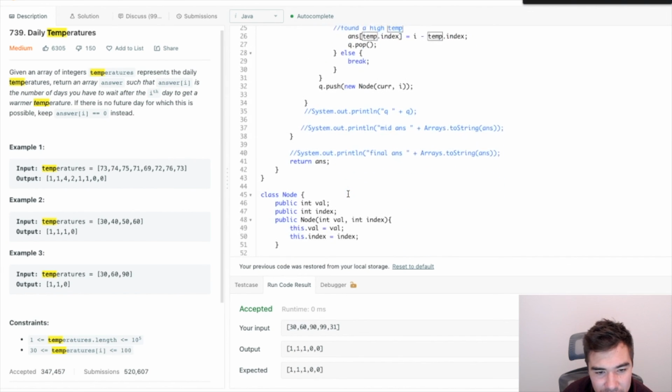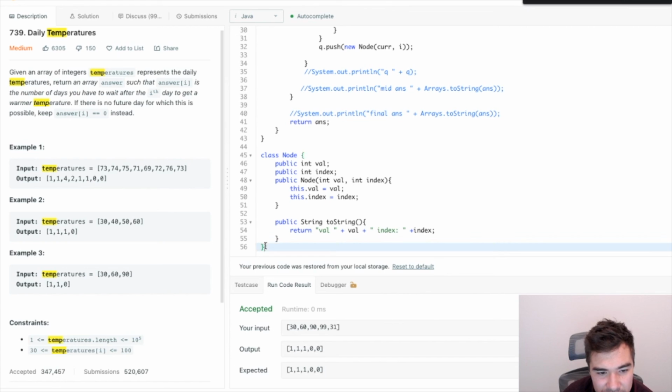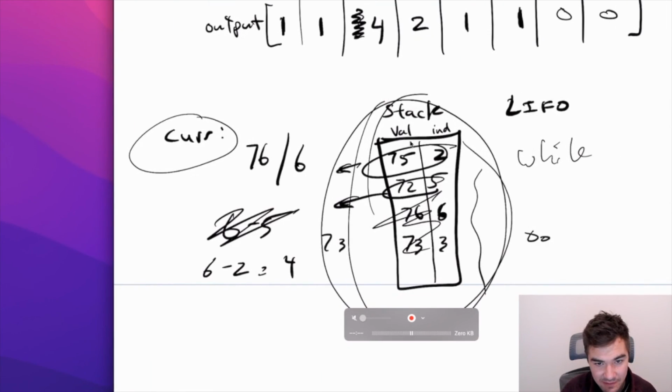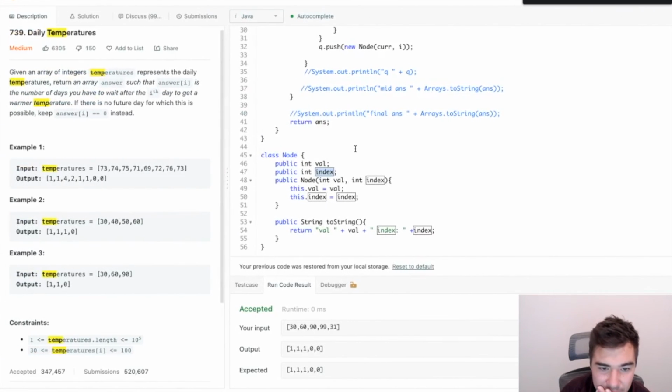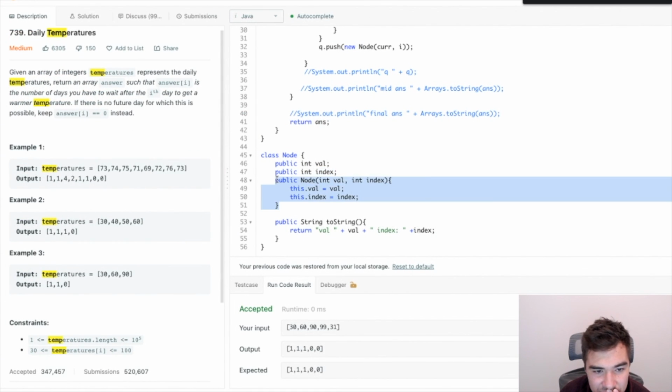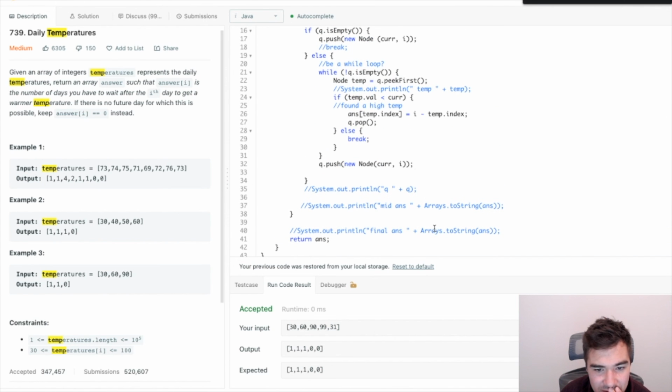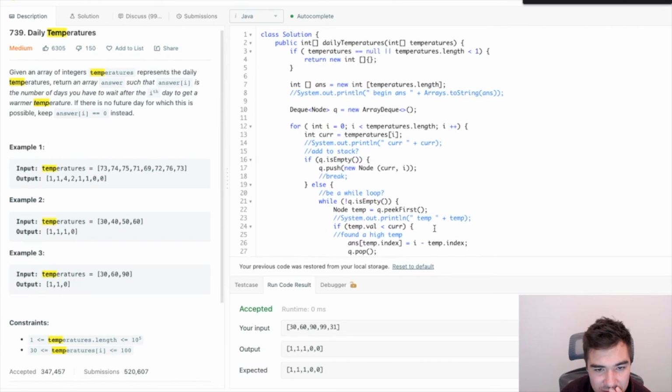And then one other thing to note here, this is kind of a convenience that I did, but I created this custom node class that holds a value and an index. So that is this stack node here. So I have value and index there. Then I created a constructor and then a toString method so that I could print out some things as I was going through, so that you can have nice output when debugging.